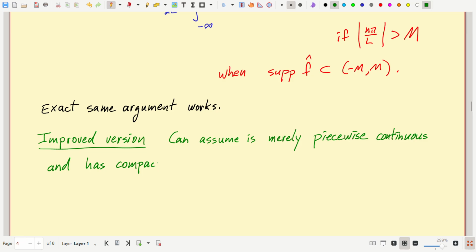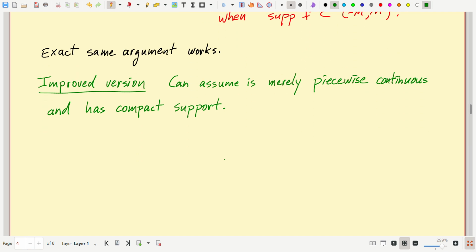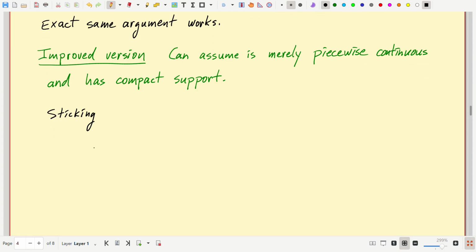The sticking point that we got to think about, and that we have thought about. The Fourier series for f is going to look like a trig polynomial, but if it's not piecewise C1, we don't know that the Fourier series converges.